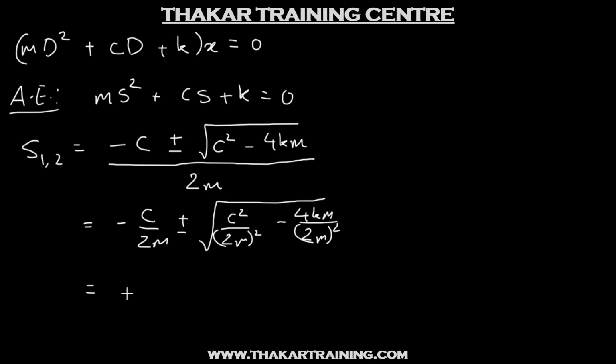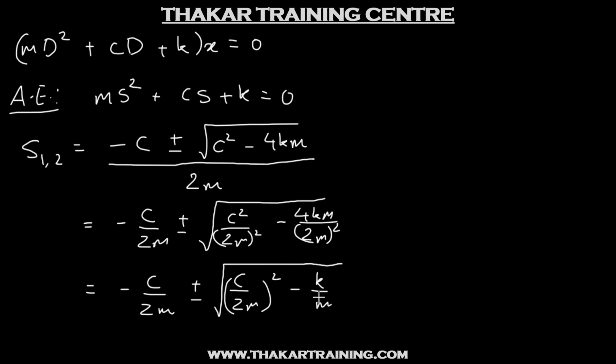So we have minus c by 2m plus or minus the square root of (c by 2m) the whole square minus, since the denominator is 4m square and the numerator has 4m, 1 by m will remain, so k by m. The natural frequency omega n is the square root of k by m, so k by m is omega n square.